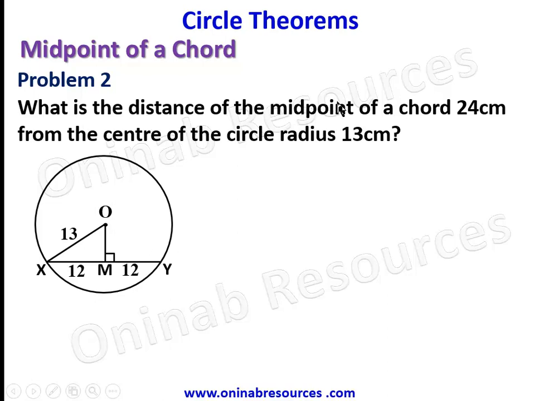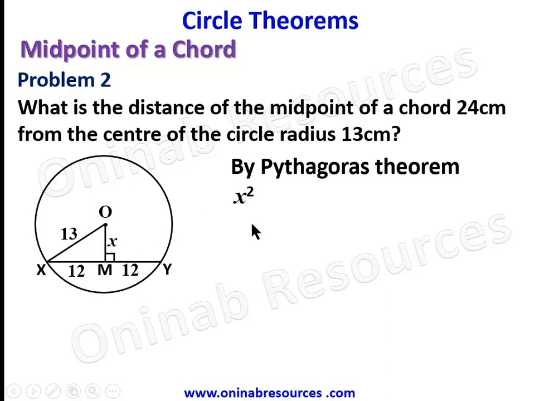We are to calculate the distance of the midpoint of the chord from the center of the circle. We can call this one X. And again, by Pythagoras theorem, this is the hypotenuse. Since we have the hypotenuse, we are looking for the other side.